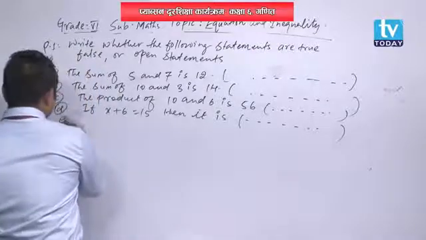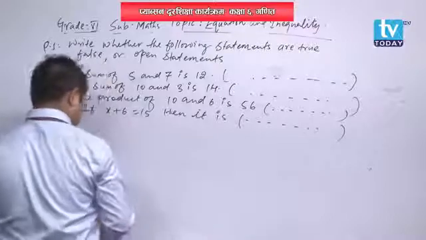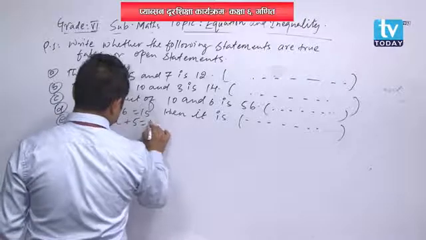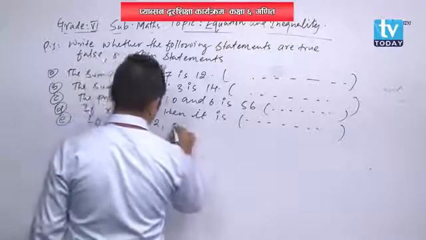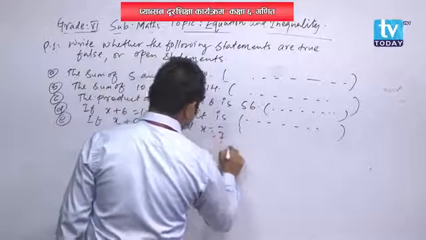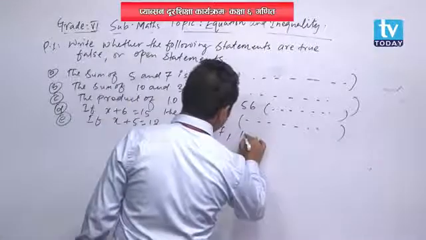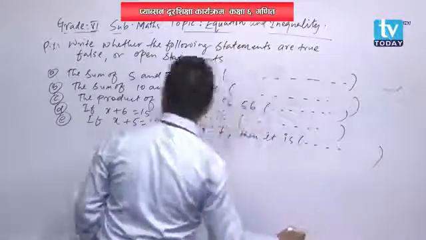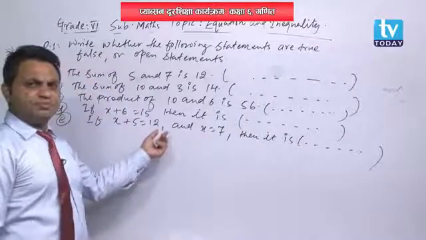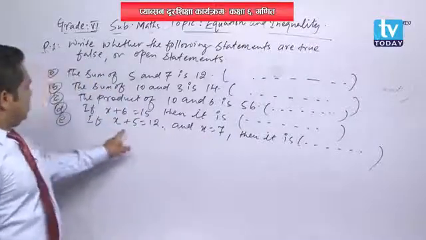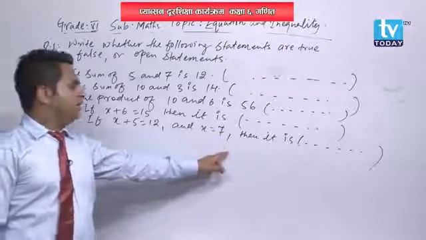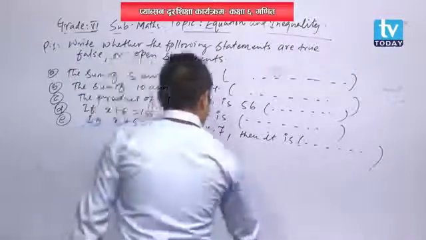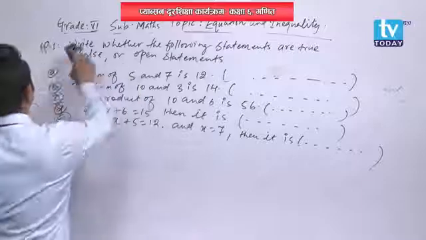Now number E, if x plus 5 equals 12 and x equals 7, then it is a dash statement. What kind of statement is this? Please check this last question. X plus 5 equals 12 and x equals 7, then it is what kind of statement? Okay. Now you can check yourself.